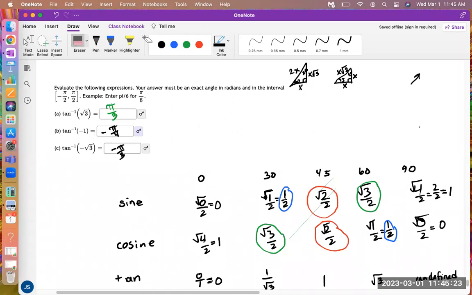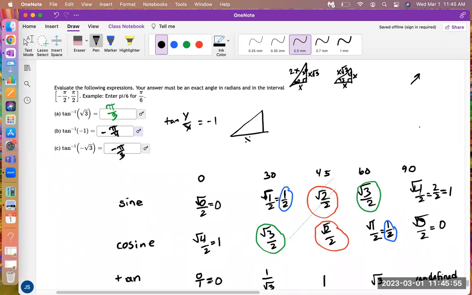Let's move to the second problem. If I didn't know the answer right now, and I was just trying to draw a triangle, and I knew that tangent is equal to y over x, and the tangent is equal to -1, I'm going to ignore the negative for a minute. If it's equal to +1, what it's telling me is that the y coordinate and the x coordinate are the same.